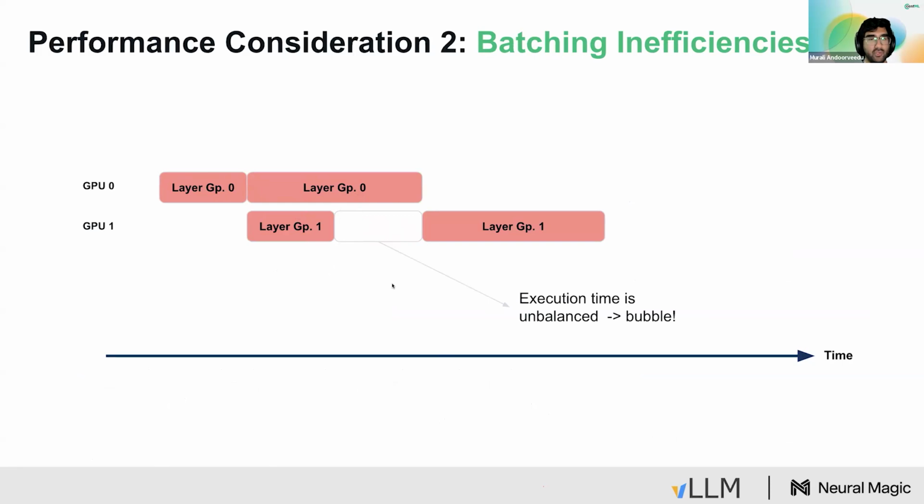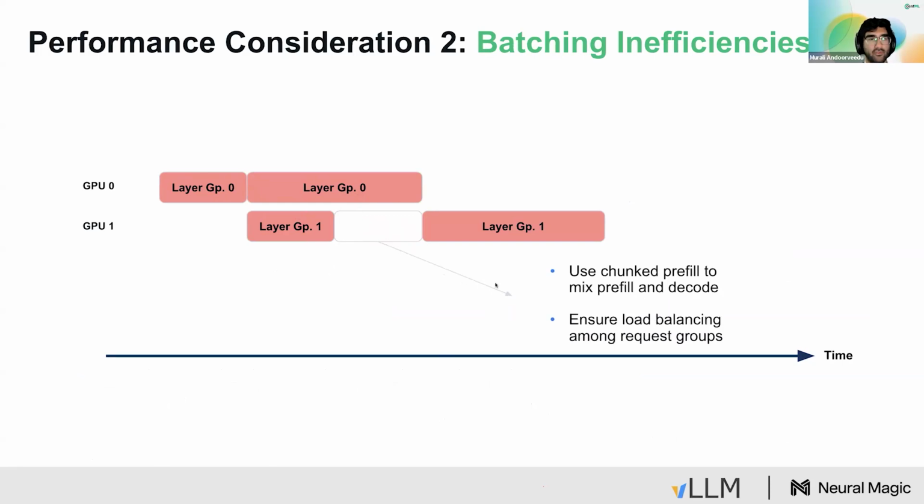Idle time on the GPU. And so we can use chunked prefill in this case, where prefill might take a long time, decode might take a short time. We can mix these together in mixed prefill and decode batches. And we can also ensure load balancing among request groups. So the way we ensure load balancing among request groups right now in vLLM is we split the KV cache over multiple request groups, but we do so evenly.